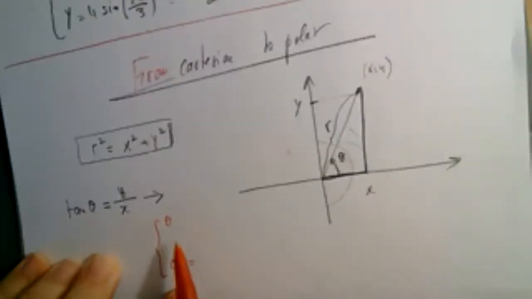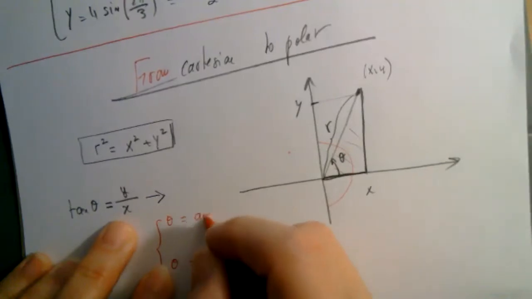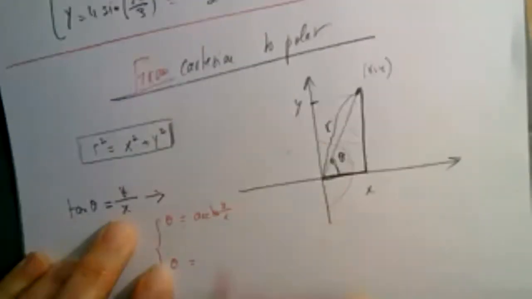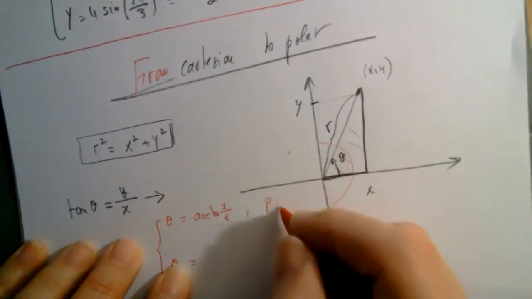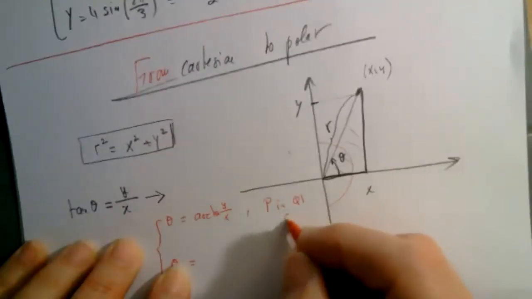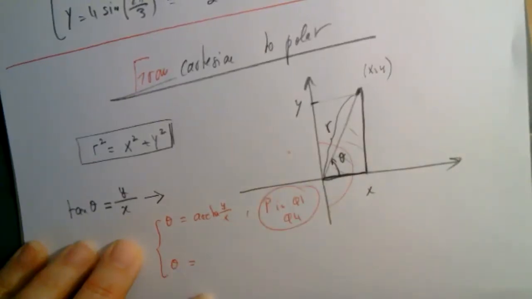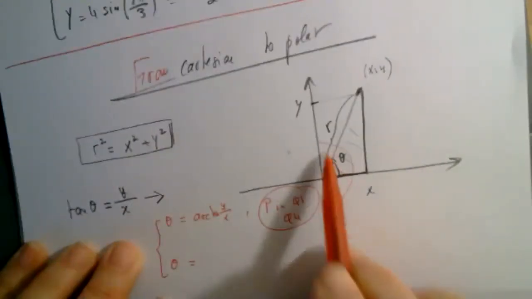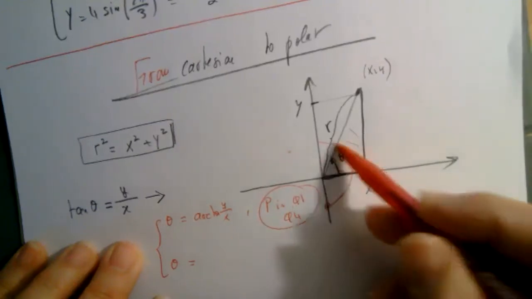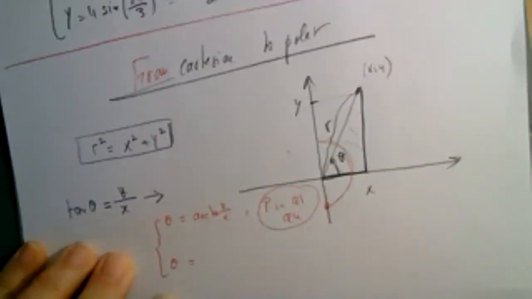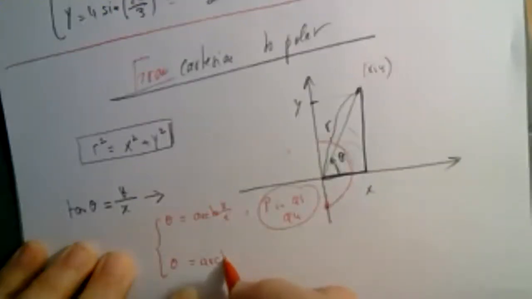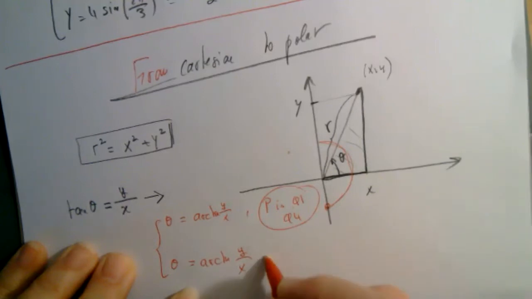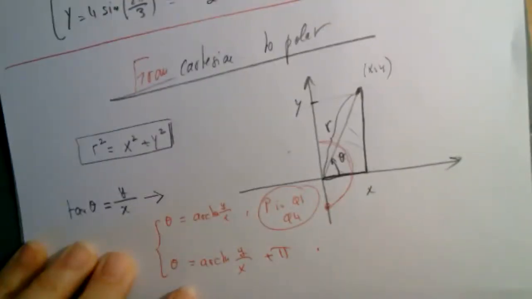So theta is the arctangent of y over x as long as my point is in the first or fourth quadrant, anything between minus pi over 2 and pi over 2. If I'm not in those, we're forced to add the pi, and then I will get exactly my answer.